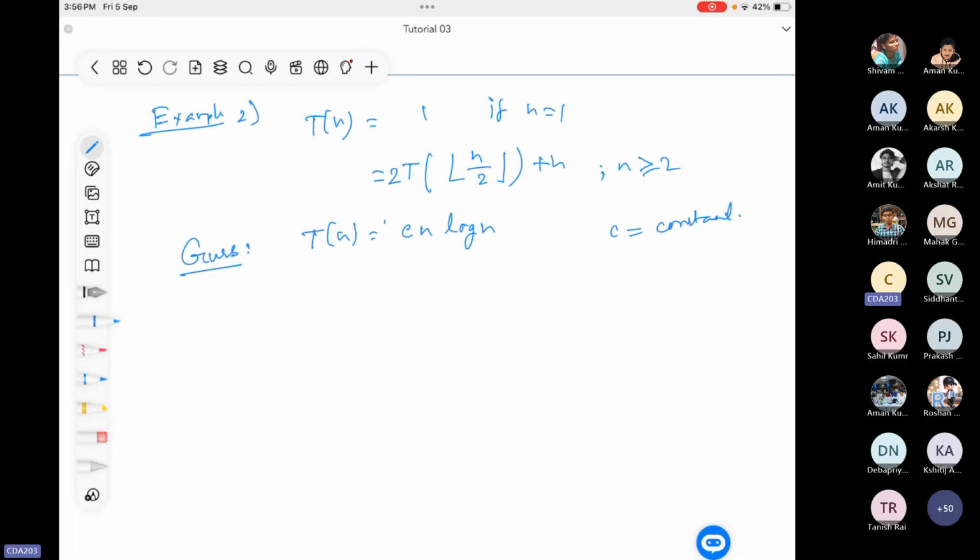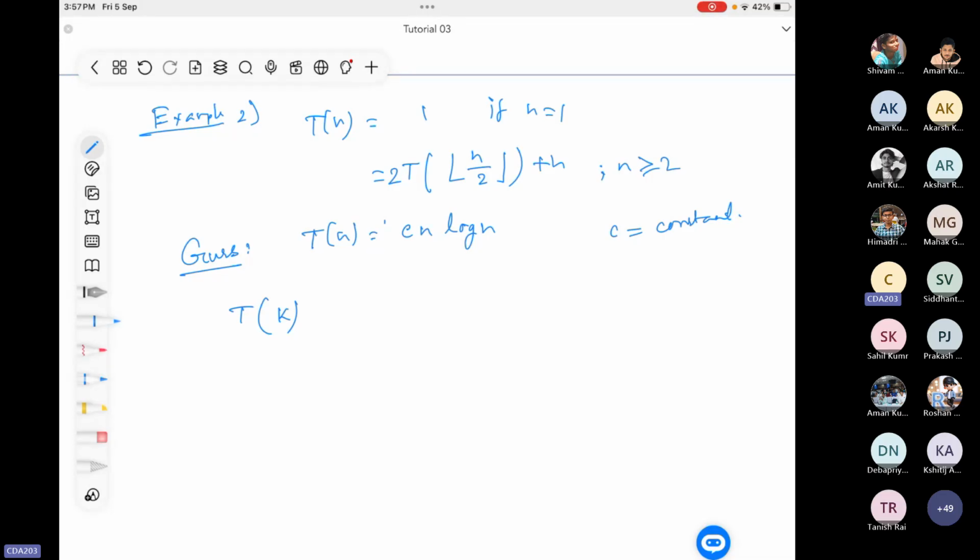Let me take this solution and think about whether this C n log n thing works or not.